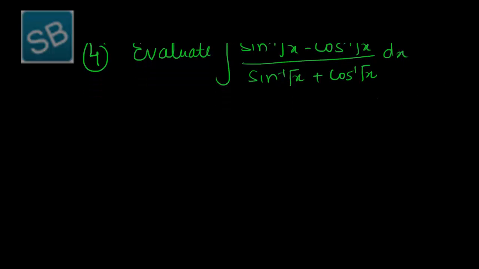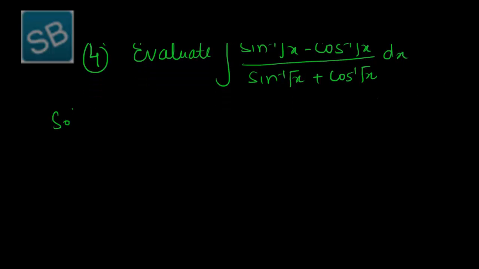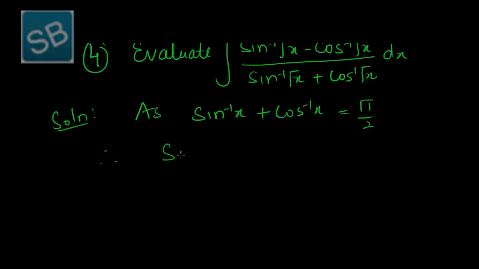So the solution is: as sin inverse x plus cos inverse x is equal to pi by 2, we can replace x with theta. Don't be confused. Sin inverse theta plus cos inverse theta is equal to pi by 2.